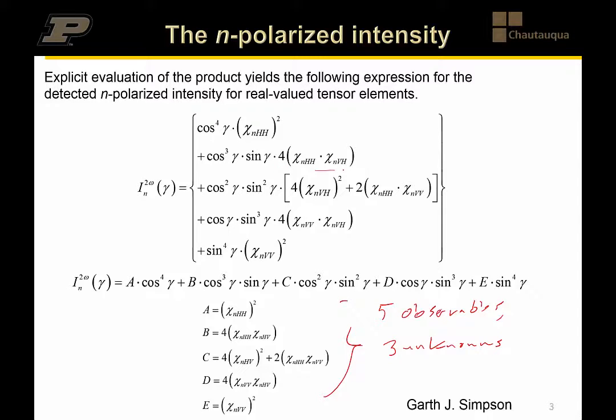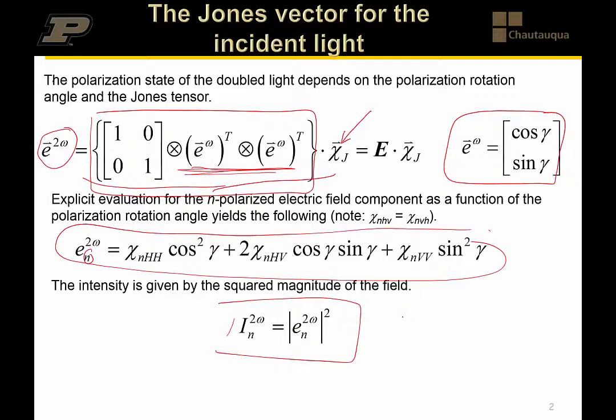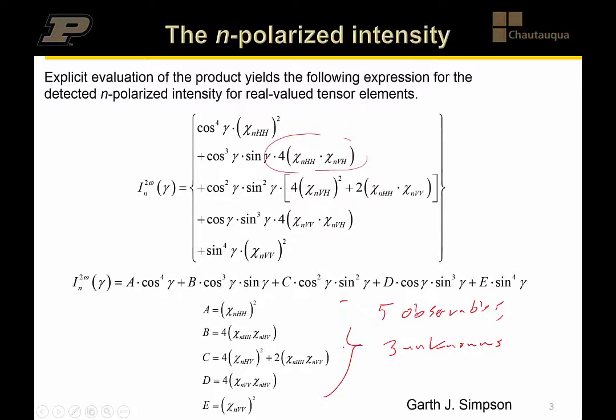And if we take advantage of the fact that we're doing second harmonic generation, then there are some degeneracies such that NVH and NHV are equal. And that leads to some of these factors of 2 and 4 that show up in here. I'm not going to go through the details of where this expression came from, but it's really just straight multiplication of these three terms with themselves, and then grouping everything in terms of the common dependencies on gamma.